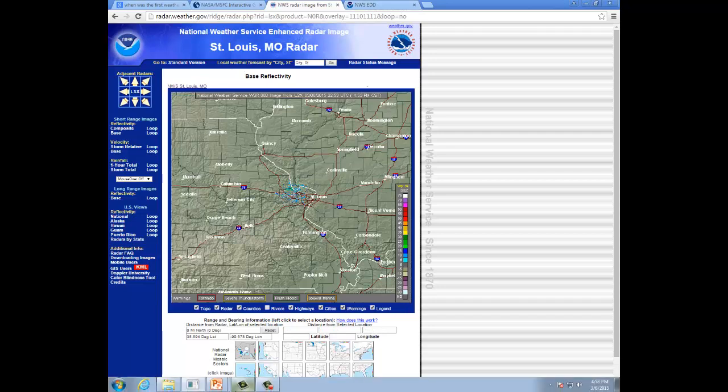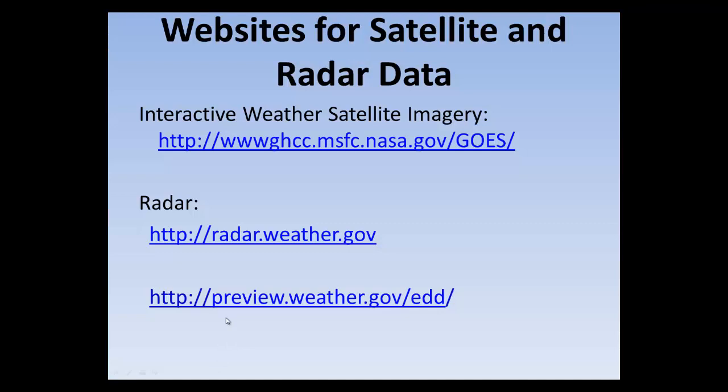The other site is the enhanced data display, preview.weather.gov/EDD. And this is a neat site, although it's experimental, so it's not operationally supported.